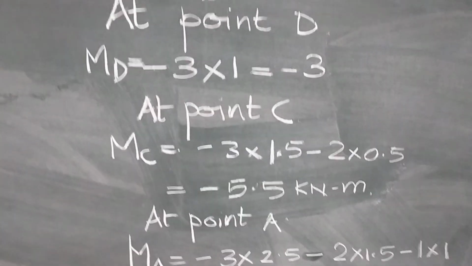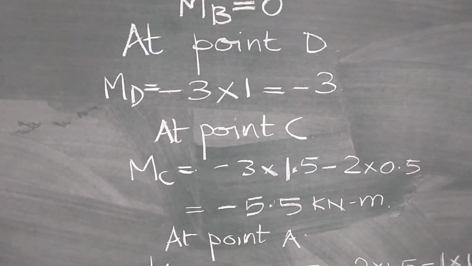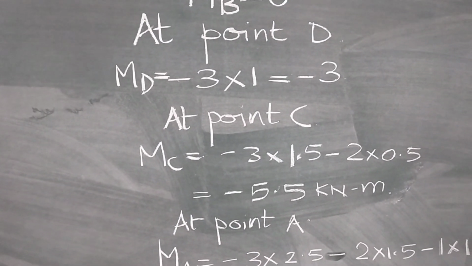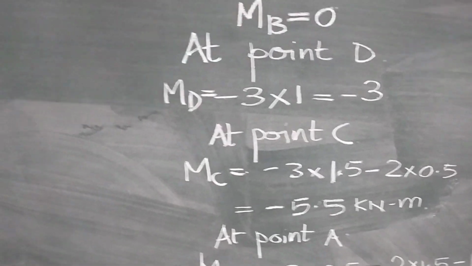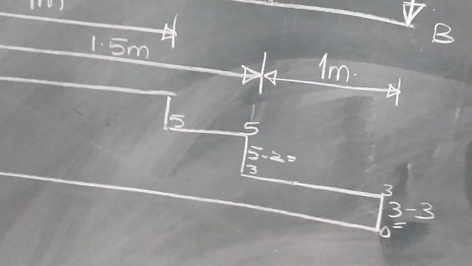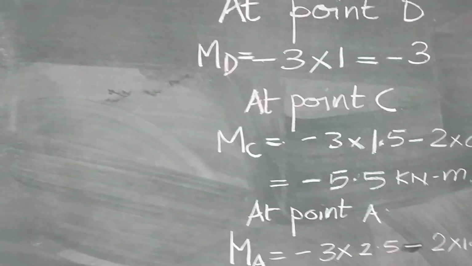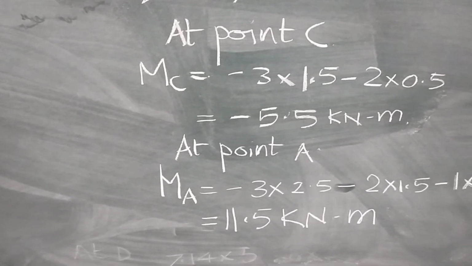So at point C, minus 3 into 1.5 minus 2 into 0.5, so it is minus 5.5. Don't forget that for cantilever beam, you have to start from free end only and then go leftward. At point A is maximum bending moment.